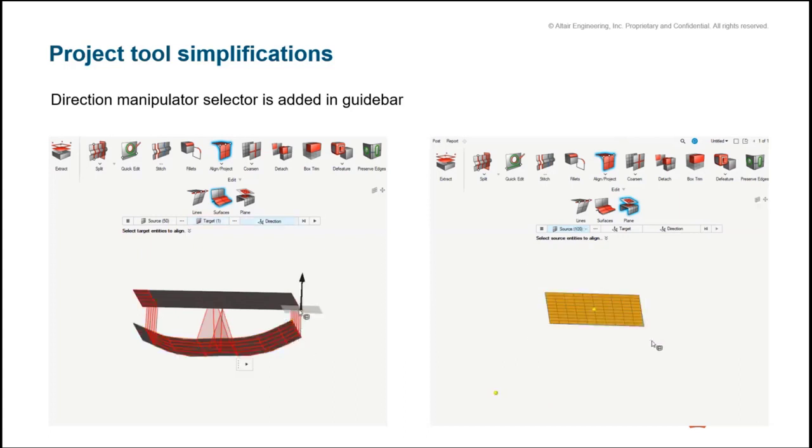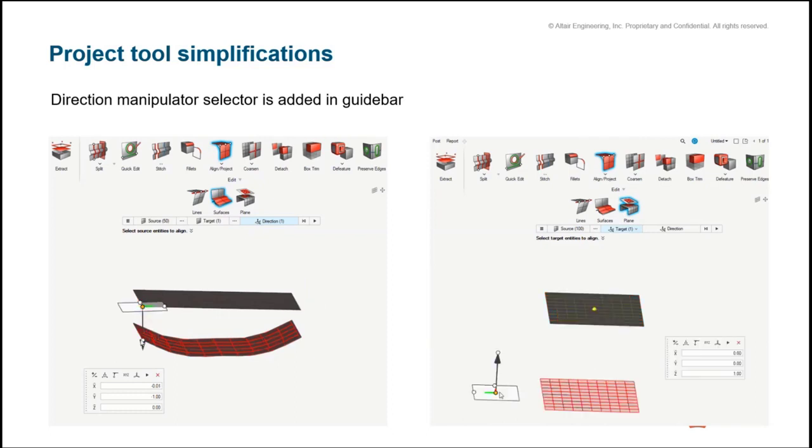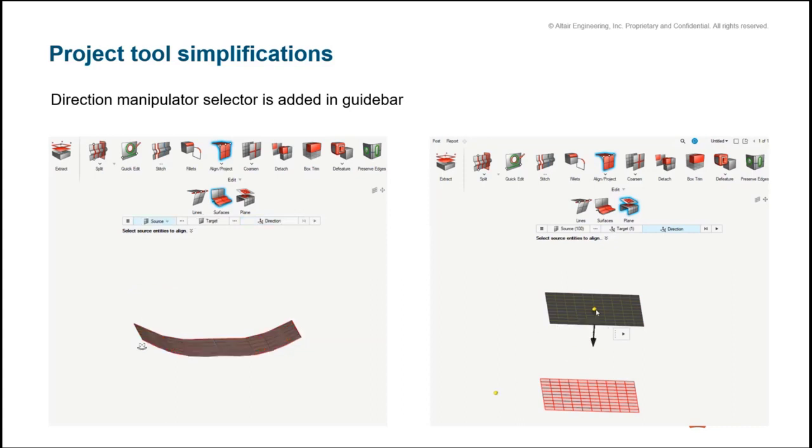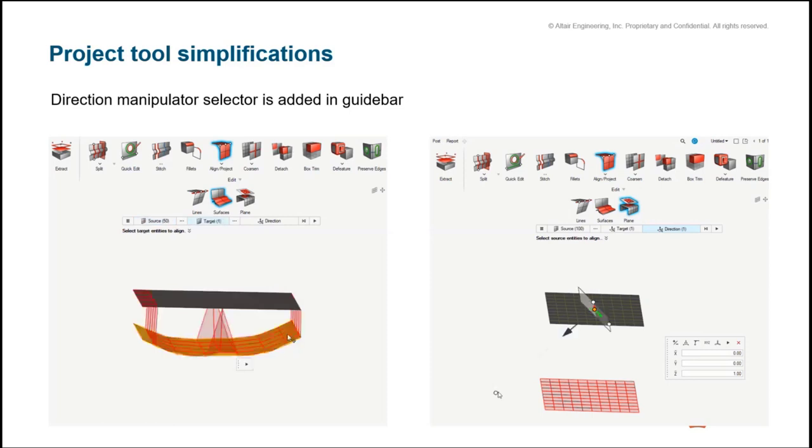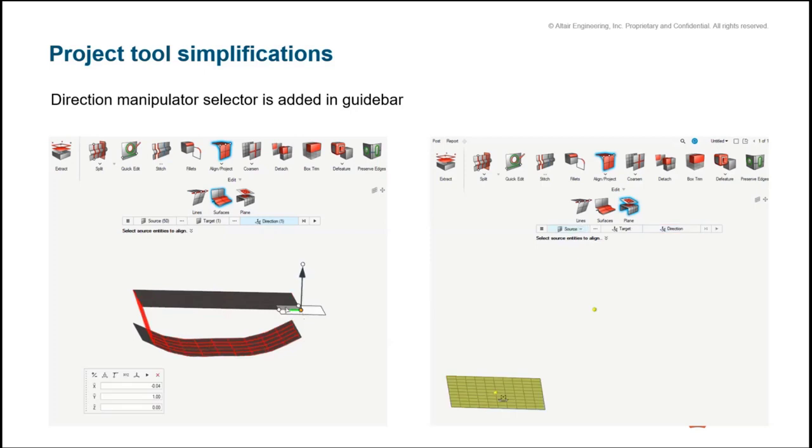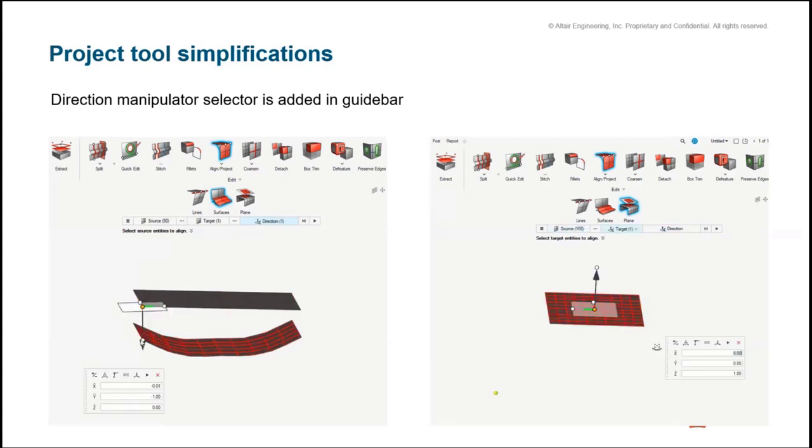That was not very intuitive, is the feedback that we had got. So now this ensures a usability enhancement. The direction is in the guide bar, upfront accessible, and it is easily understandable which manipulator is active. This is based on the feedback that we have got and we have enhanced that.